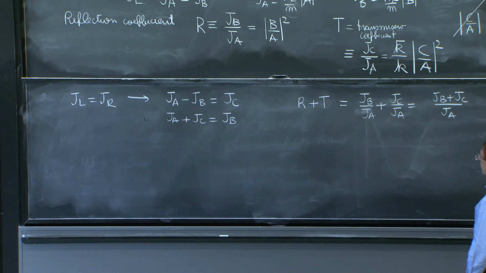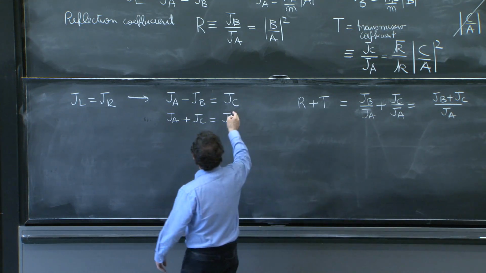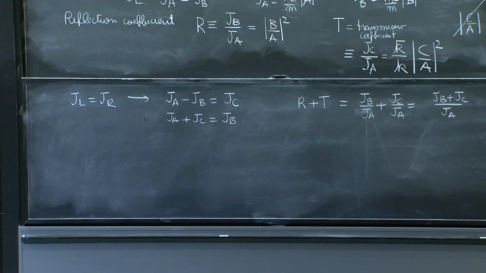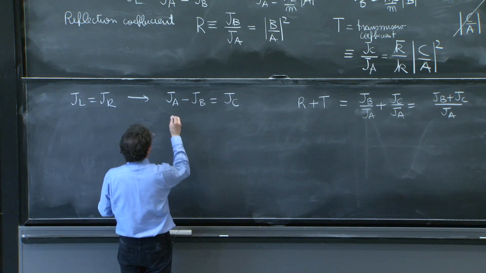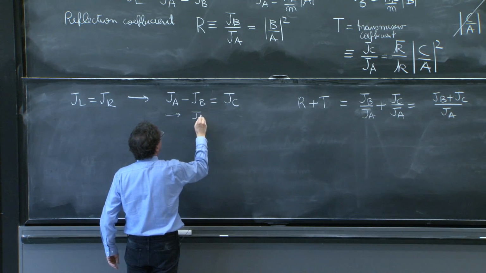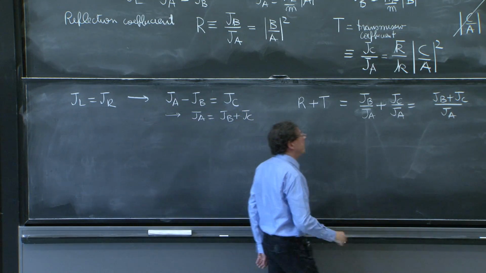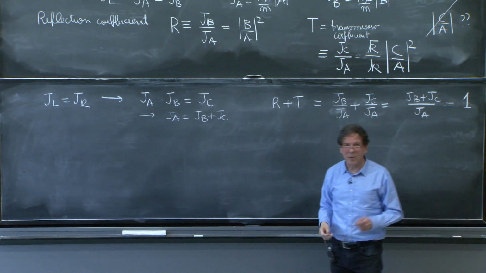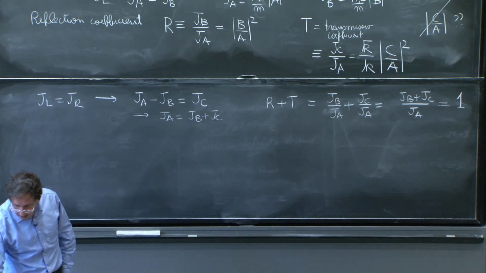I'm sorry, I got this wrong. I should have passed the B to the other side. This, of course, implies JA equals JB plus JC. And this ratio is equal to 1, which is something you usually want when you define reflection and transmission coefficients. They should add up to 1.